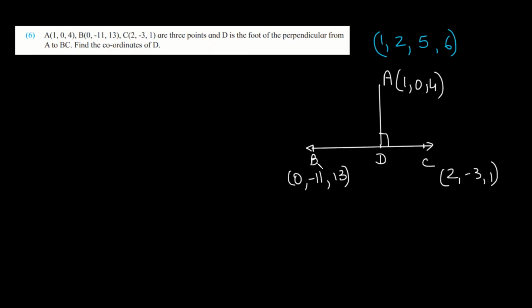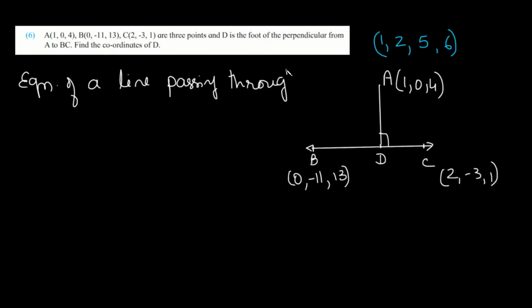The Cartesian equation of a line passing through 2 points, where the points are x1, y1, z1 and x2, y2, z2. Suppose we take it that way. So this equation is given.